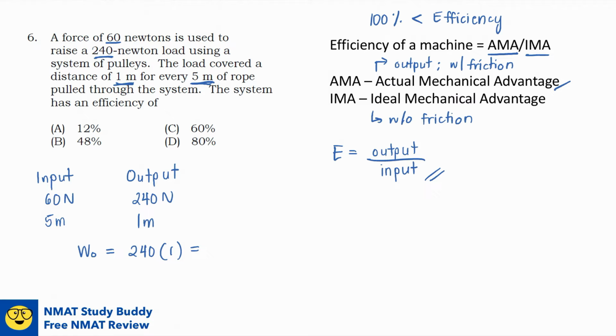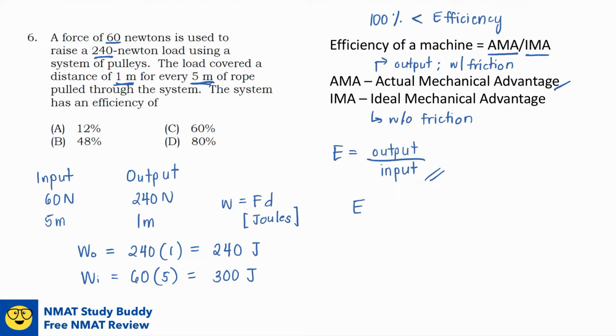And so, yung work, yung formula niya is work is equal to force times distance, and yung unit niya is joules. So, 240 joules to. And then, yung input work is equal to 60 newtons times 5 meters, equal yan sa 300 joules.